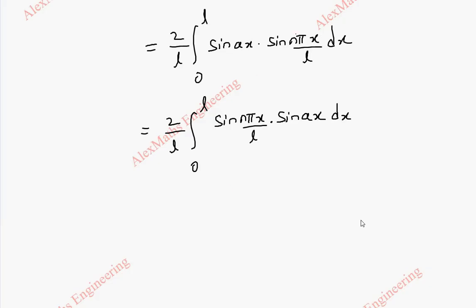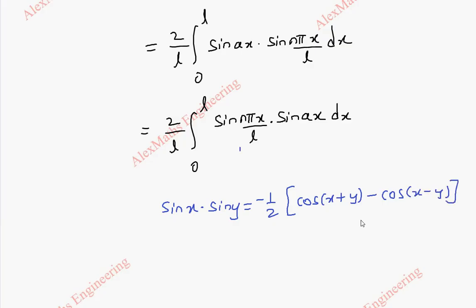Now we have a basic trigonometric formula. When you have sin x into sin y, this is minus 1 by 2 [cos of the sum of the angles, which is x plus y, minus cos of the difference of the angles, which is x minus y]. So here this entire term is x, this entire term is y.